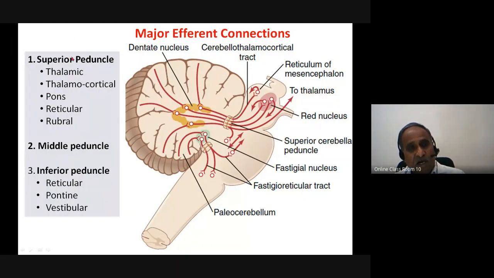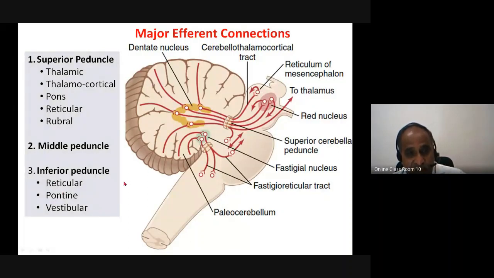So that means output is going to parts in the brainstem, midbrain, thalamus, and cerebrum. Thalamic, thalamocortical, pontine, reticular, rubral. Collicular is missing. Collicular or tectal. That means the peduncle to the tectal area, because that is connected with eyeball movement.